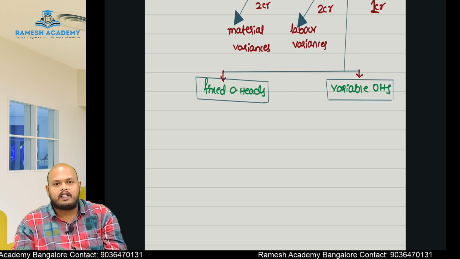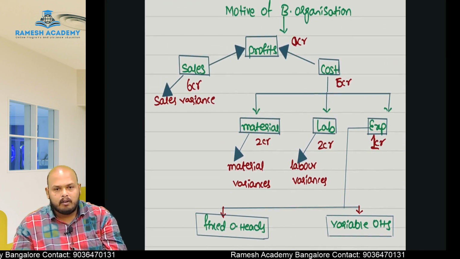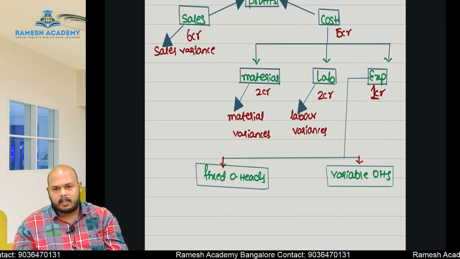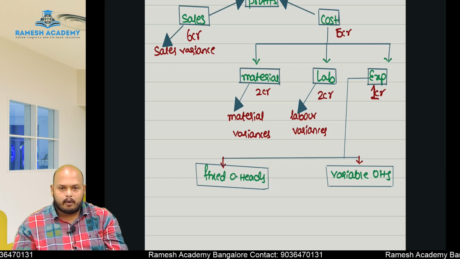One is fixed overheads, another one is which overheads? Variable overheads. So for the expenses, we have two overheads: fixed overheads and variable overheads.